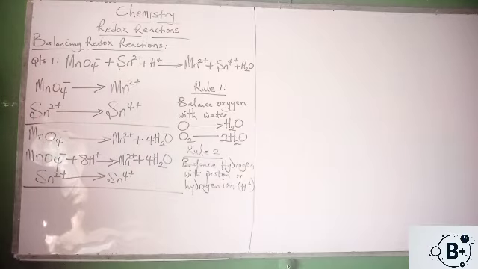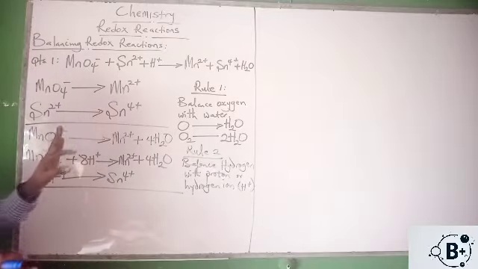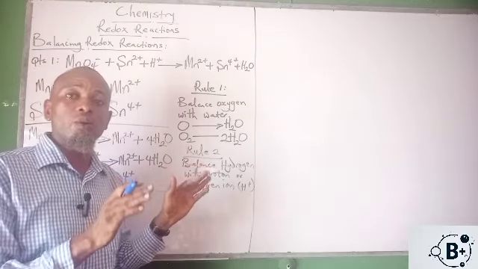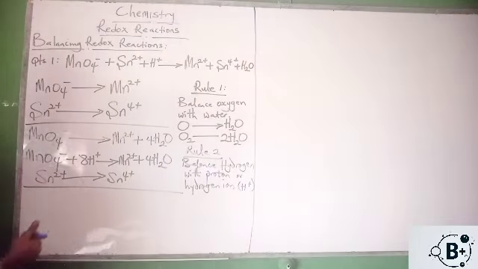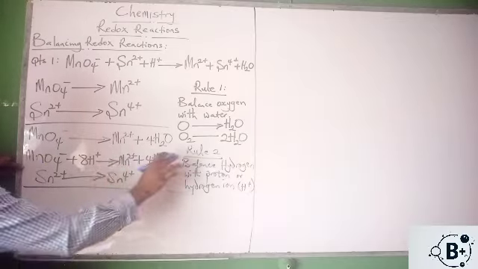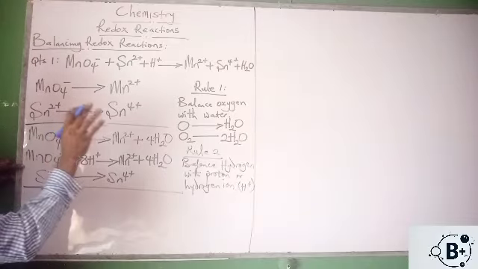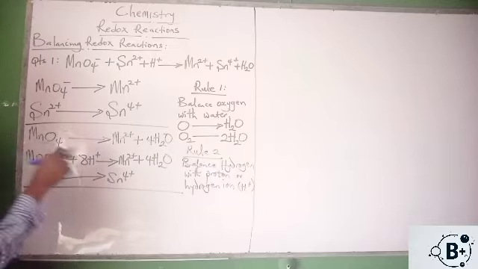So this side is settled now. Having done this, the next thing is to balance the charges. The individual atoms are already balanced. Let's know how many charges we have on the left and right hand side of the reduction half.